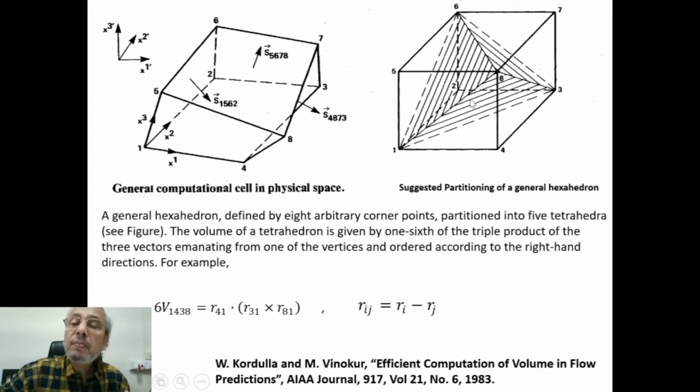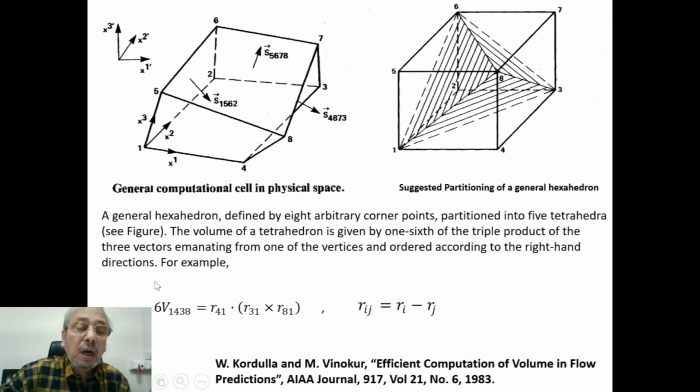So these three plus two more, and those two more are 1, 6, 3, 8 and 1, 6, 3, 2. So these are the 5 tetrahedra.